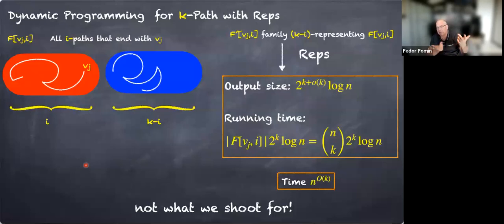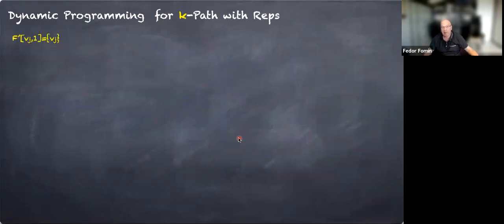But it's too large for no reason, because I can do dynamic programming, and when I fill the cells in my table, I can do the compression step, calling the representative set algorithm every time, and keep only the compressed size of the instances. With that, I will win, and I will have an algorithm of nice running time.